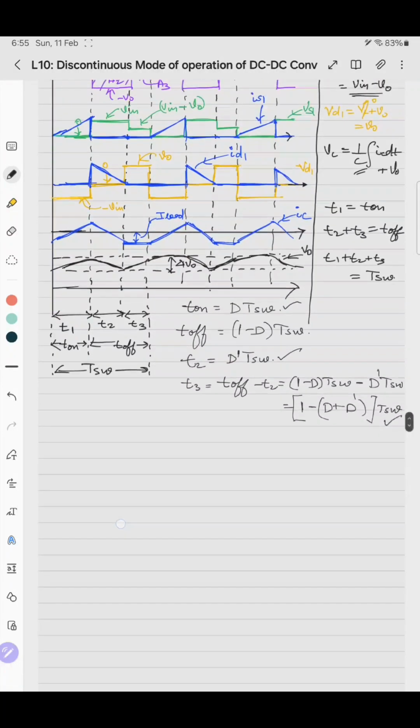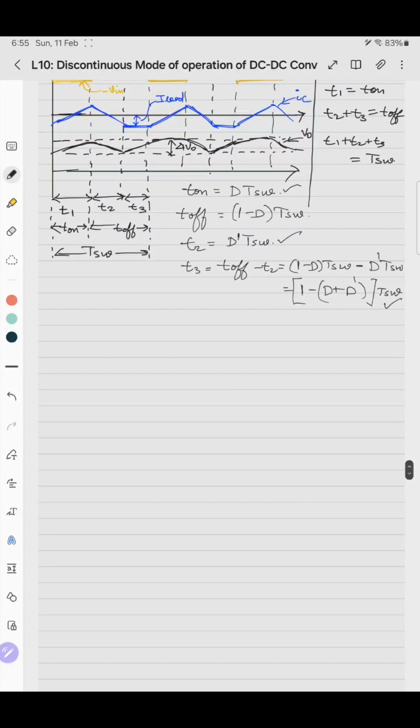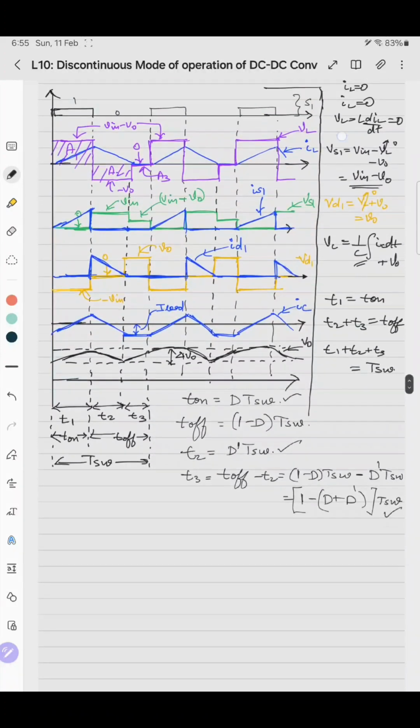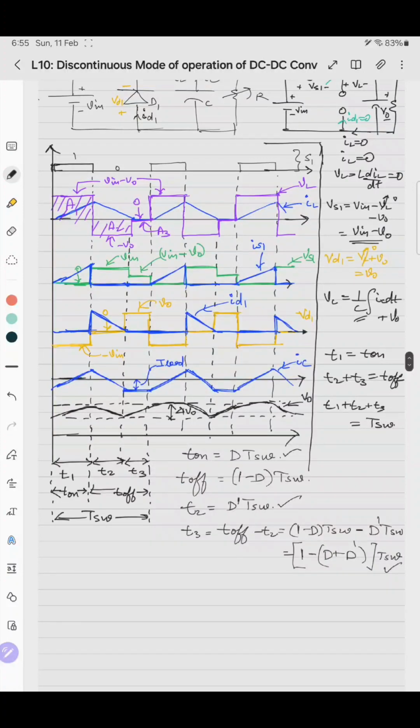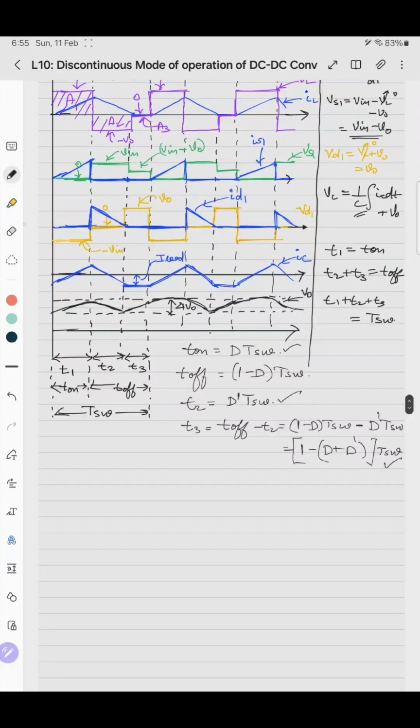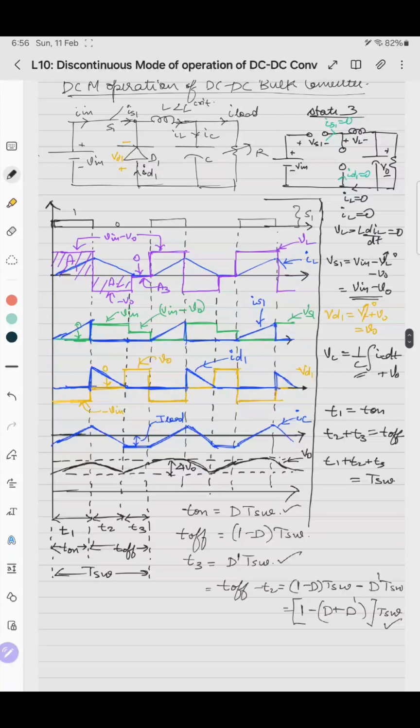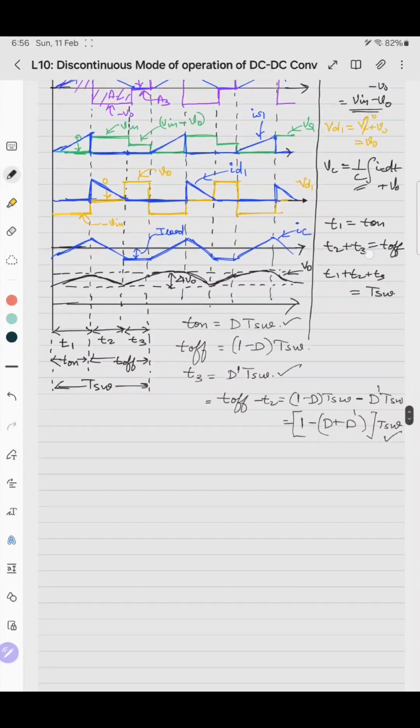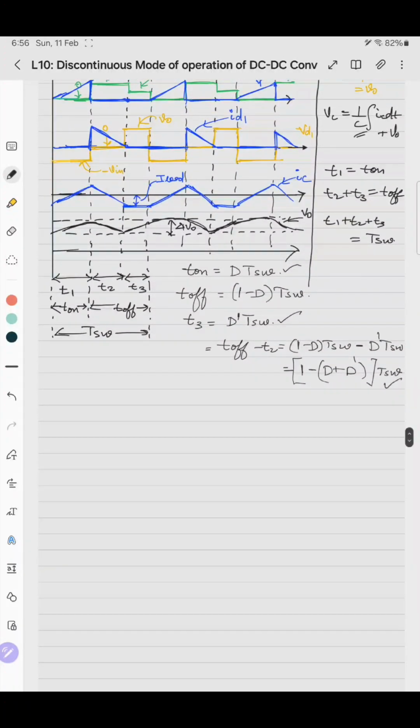Now we have to derive all volt second and amp second balance in terms of D and D dash. Or let's do the reverse thing. Let's call it T3. So let's say that T3 is the time where the reverse as well as the diode is turned off, that is D dash into T switching.